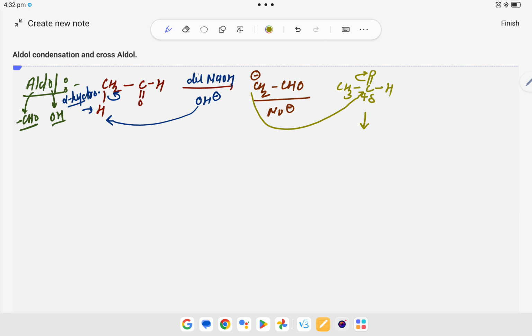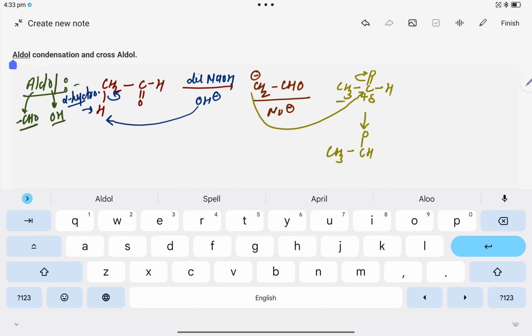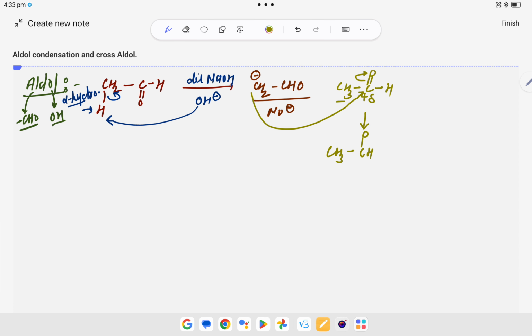So what you are getting now: CH3, then CH, single bond, oxygen, and oxygen is having a negative sign because it is accepting the electron, then CH2 and then CHO.